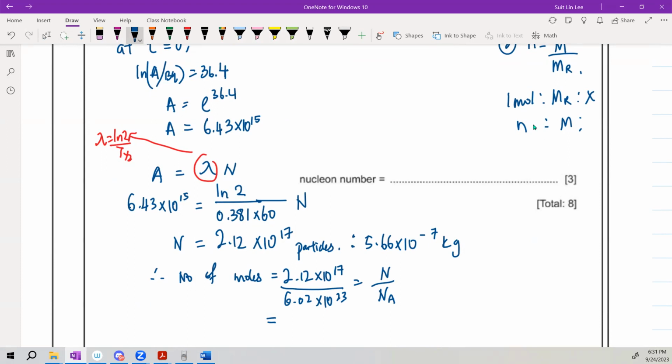This is number of moles, so I shouldn't expect to see weird numbers that are too big or too small. This gives 3.52 times 10 to the power -7.